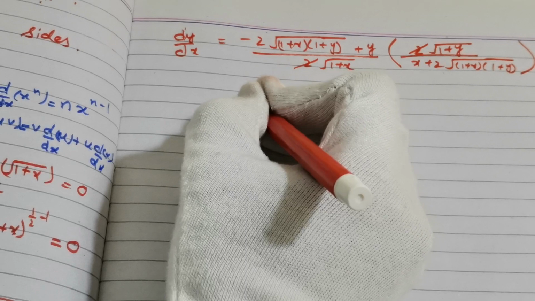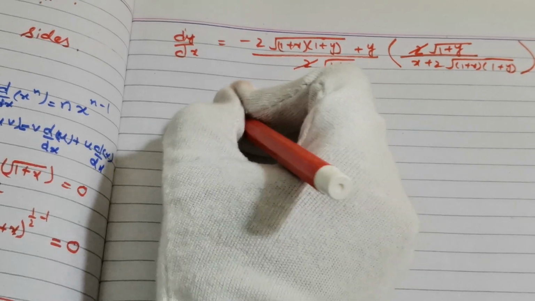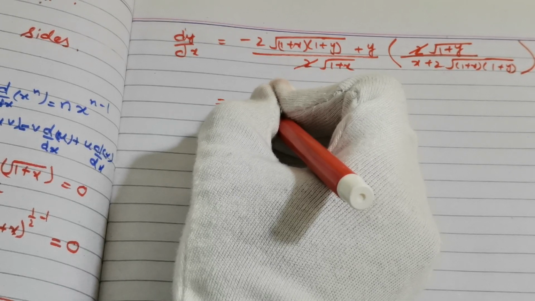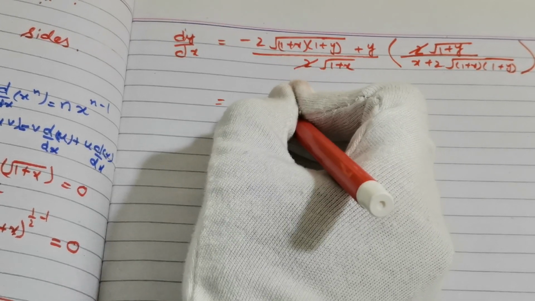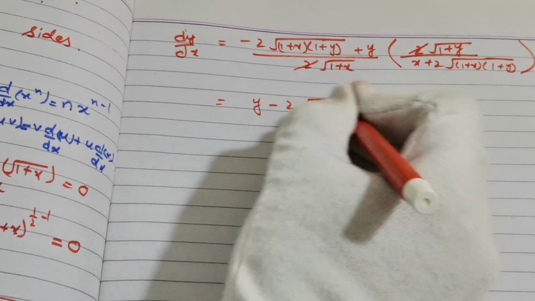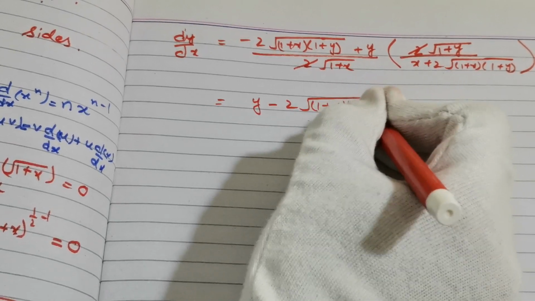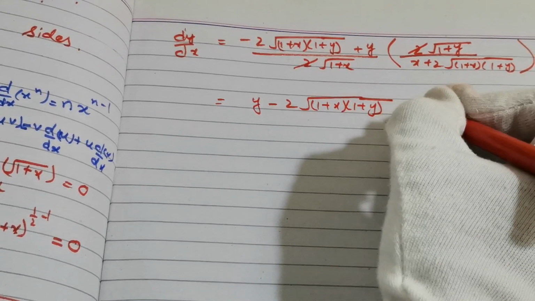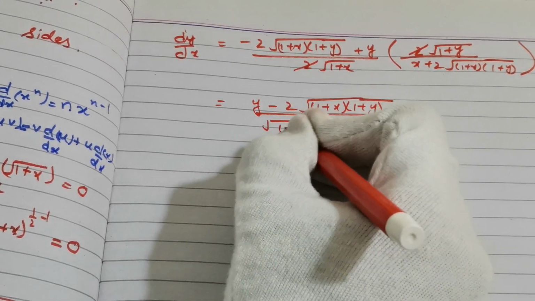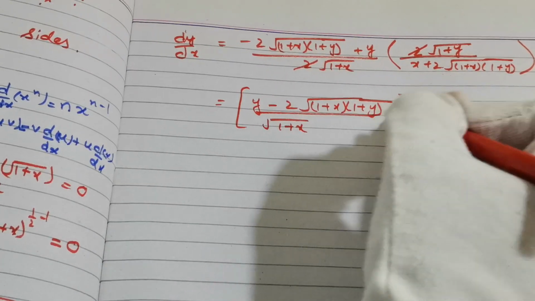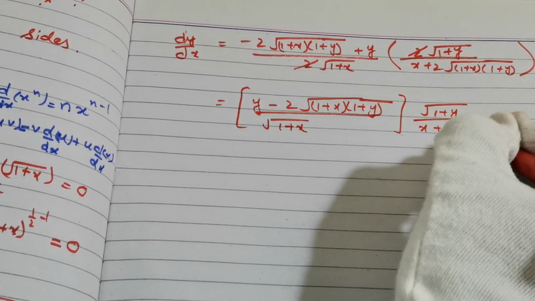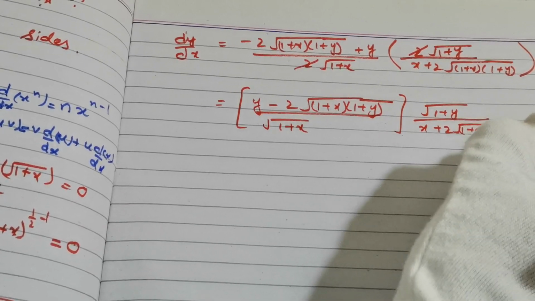What do we get? y minus 2 under root 1 plus x into 1 plus y, divided by under root 1 plus x and under root 1 plus y, divided by x plus 2 under root 1 plus x into 1 plus y.